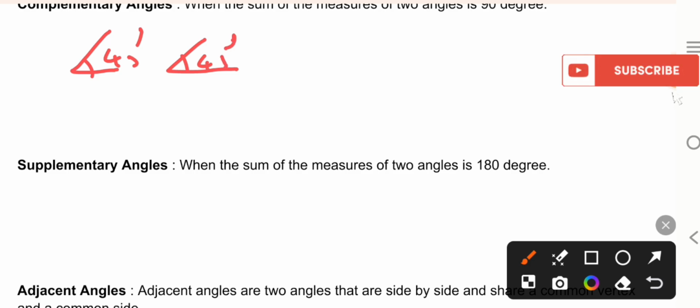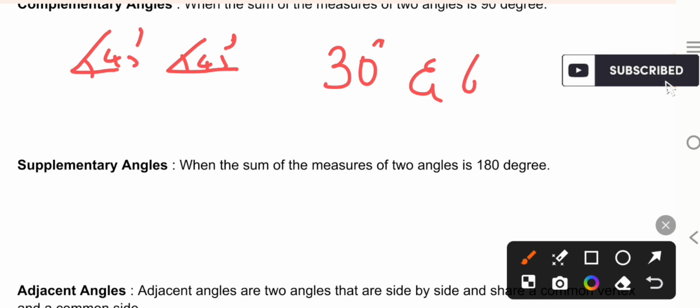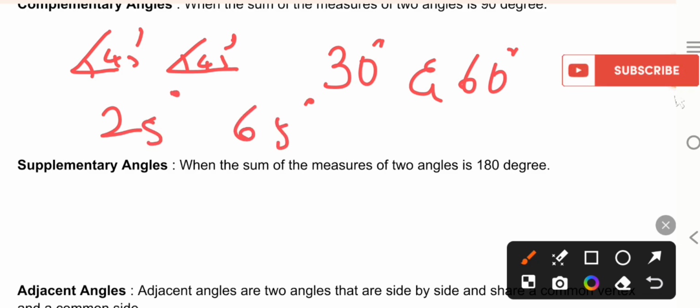Otherwise, this one is 30 degree and 60 degree. Both are said to be complementary angles. Or 25 degree and 65 degree. It means the sum of both angles is 90 degree, then they are said to be complementary angles.